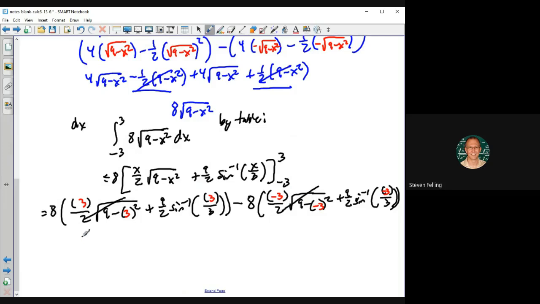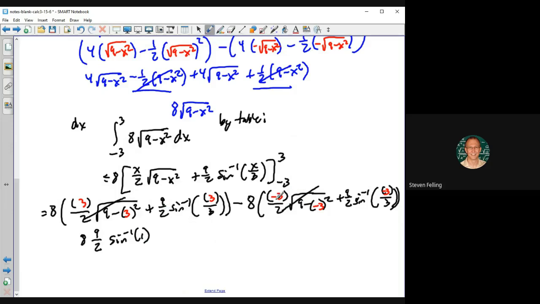So we just end up with 8 times 9 over 2 times the inverse sine of 1 minus 8 times 9 over 2 of the inverse sine of negative 1. Oh, I'm sorry, I'm looking at the wrong thing there. Inverse sine of 1.